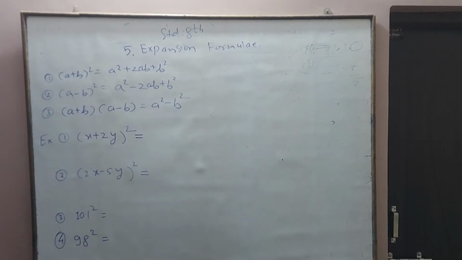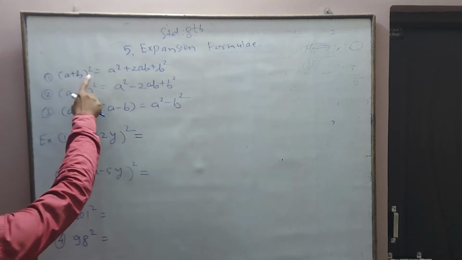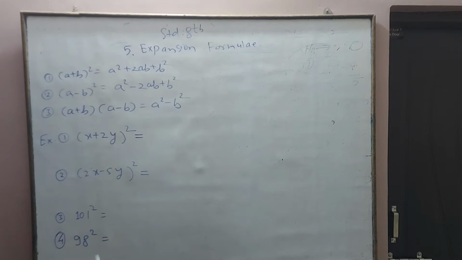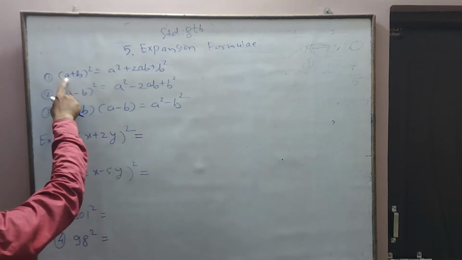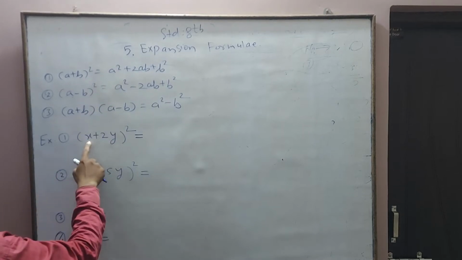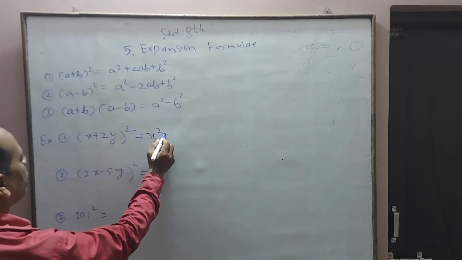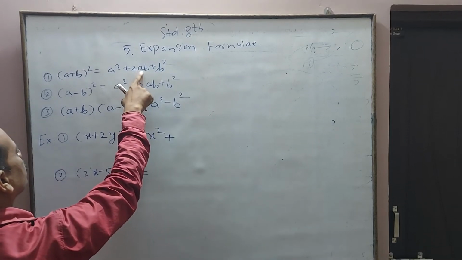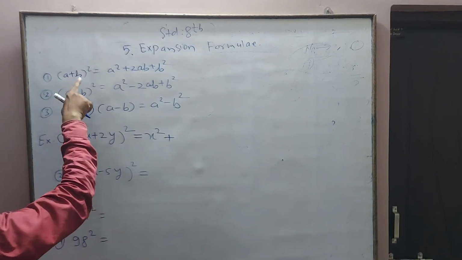So what is the formula for (a plus b) whole square? That is a square plus twice ab plus b square. So a square means first term, a is first term, its square. So here first term is x, its square, then plus 2 into first term into second term, because a is first term, b is second term.